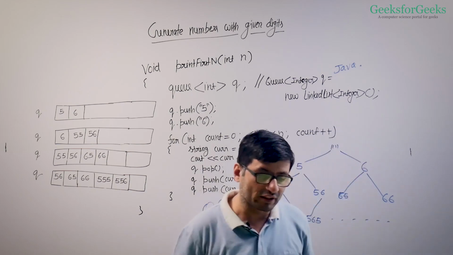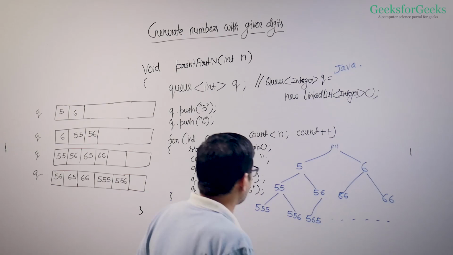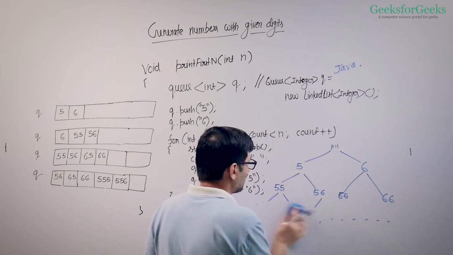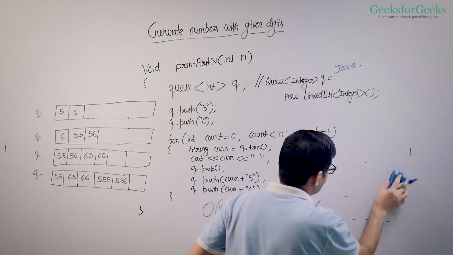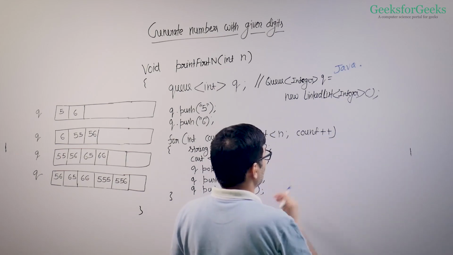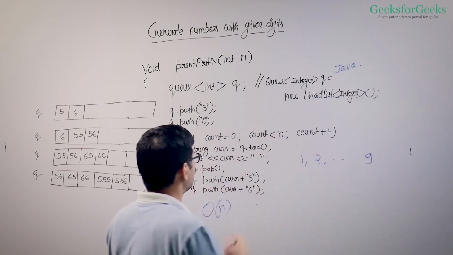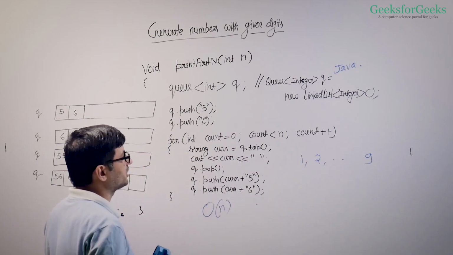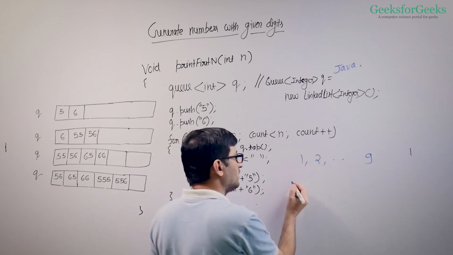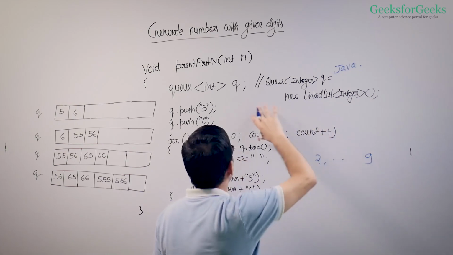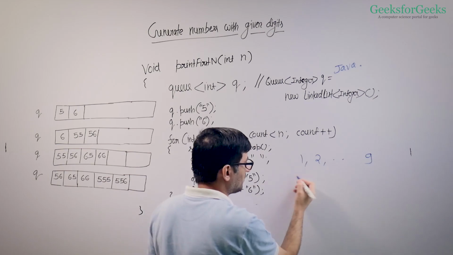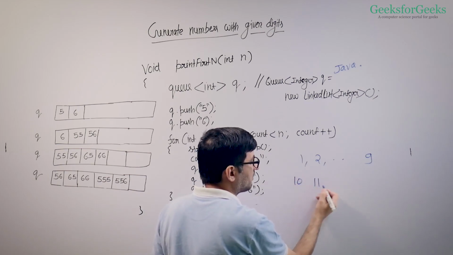One more interesting fact: not only the 5-6 digit, you can solve any digit question. If you look at our decimal number system, this is how it works. If you enqueue 1, 2, 3 to 9 into the queue, then if you just follow this, you will have all the decimal numbers in increasing order, right? You will have 1 to 9 first printed because they are first enqueued into the queue. Then you will have 10, then 11, 12.